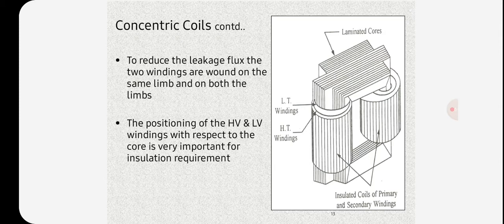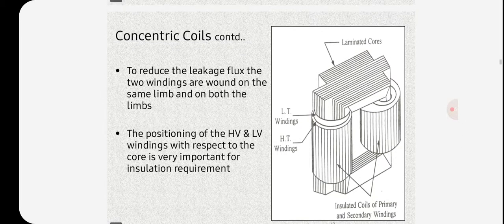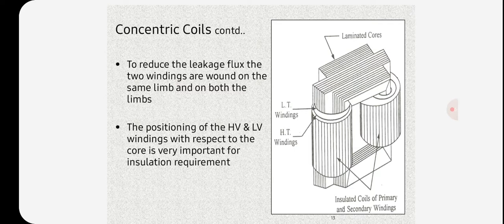According to the construction and arrangement, the windings are mainly classified into two types: cylindrical type and sandwich type. To reduce the leakage flux, the two windings are wound on the same limb and on both limbs.